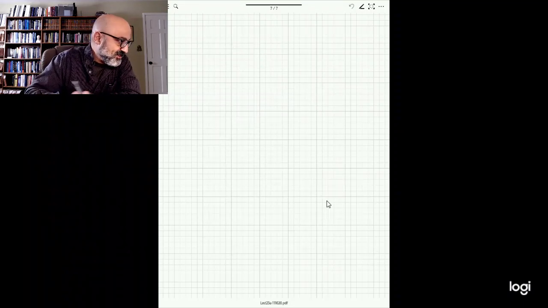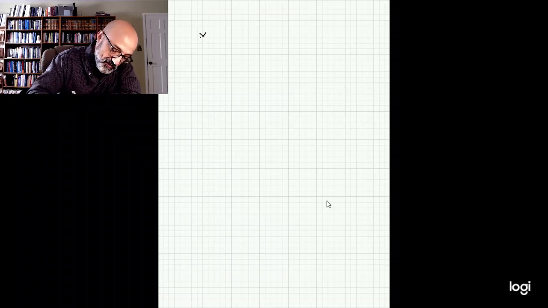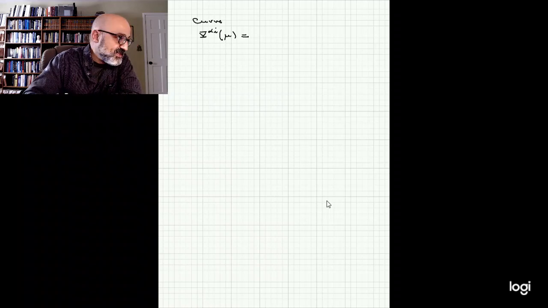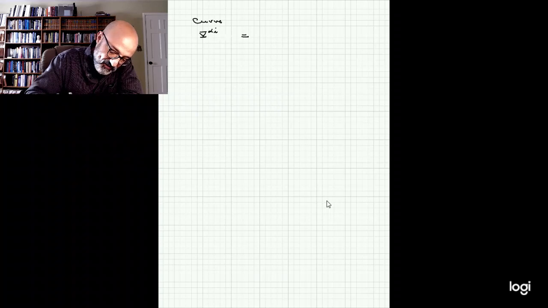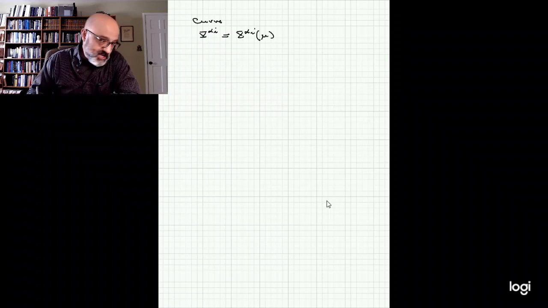Well, the idea is that if you have a curve, theta alpha I as a function of mu, then this is just the curve. Let me write it in the form of a curve. The points are going to be certain functions of the parameter nu.